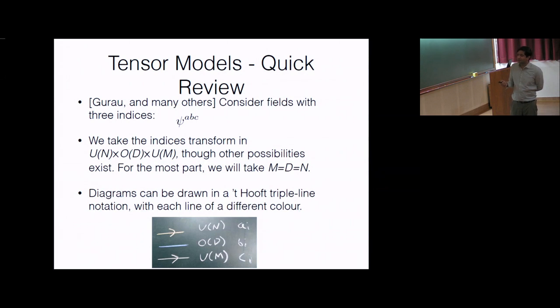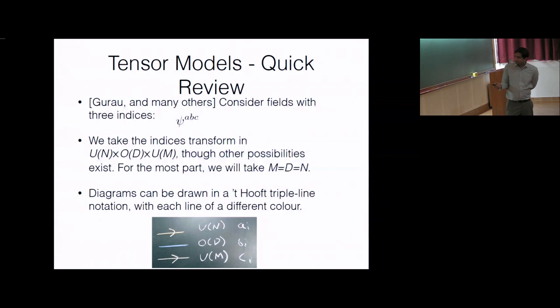Some people like to call this D, but just 3 numbers, maybe all 3 you can take to be N. Even if they're different, the melonic dominance comes in automatically if they're all order N. Okay, and when you draw these diagrams, we can also take O(N) cross O(D) cross O(M), but if you want fermions, the 3 cannot all be U.